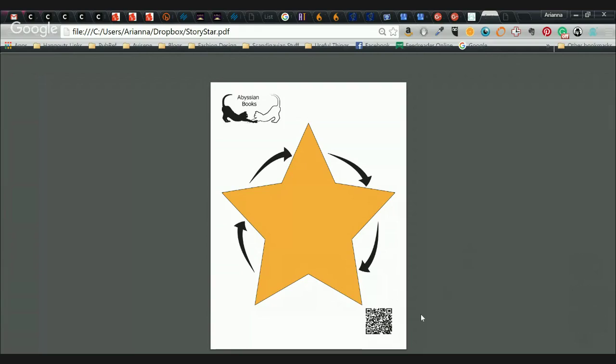And when you're thinking about beginning, middle, end, your complication is what transitions you from the beginning to the middle. And if you're doing it in a 5-act structure instead of a 3-act structure, so the 3-act structure is beginning, middle, end, and the 5-act structure is this story star where each piece corresponds to one of these 5 points.